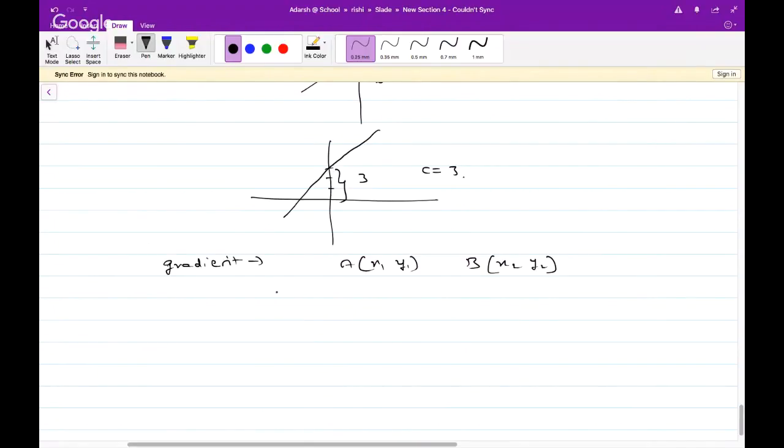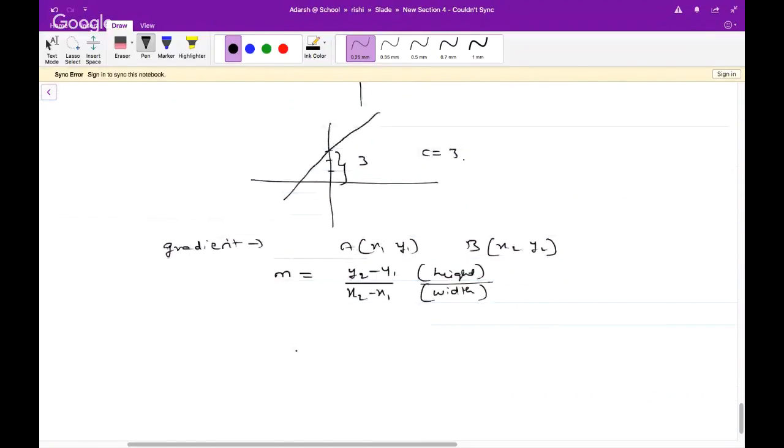So the gradient m is y2 minus y1, the change in height, divided by x2 minus x1, the change in width. So the change in height divided by the change in width will give you the gradient.